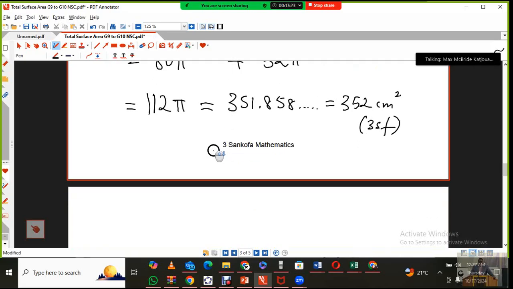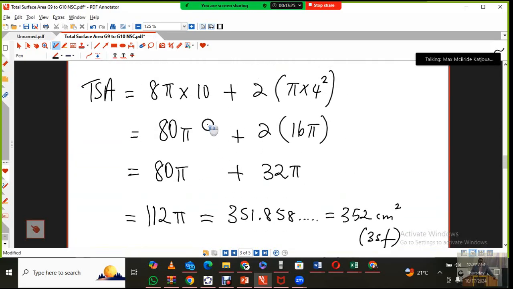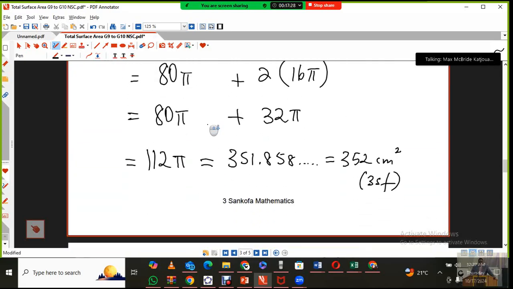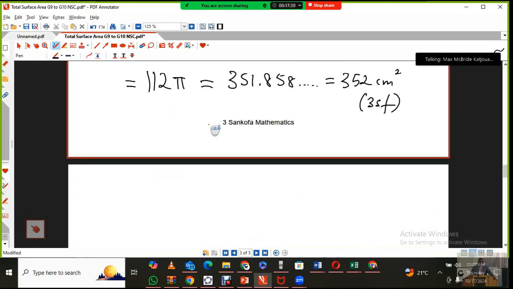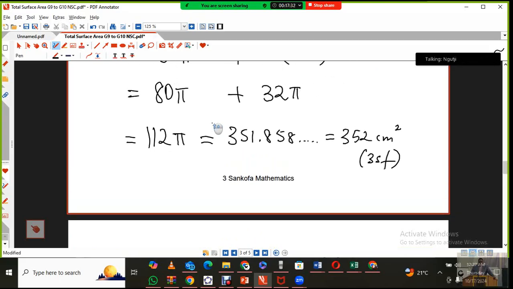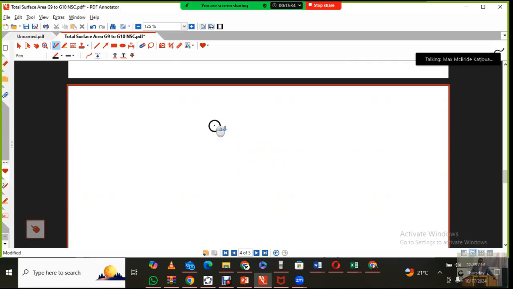There's another formula that you can use to calculate the total surface area of a cylinder, and I'll write it down for you here. Then you'll see you get the same answer. So the total surface area, let's suppose that the cylinder is closed, is going to be the two circles.